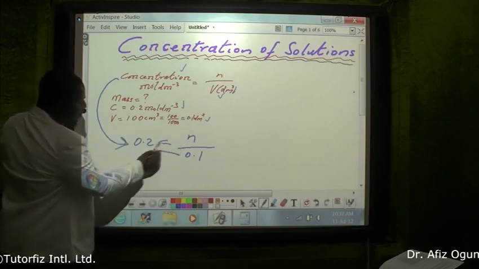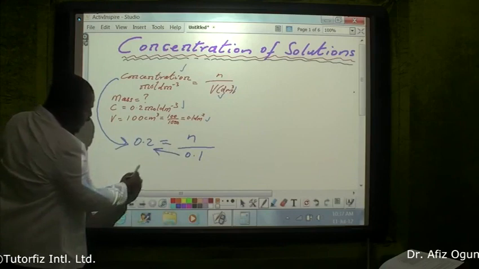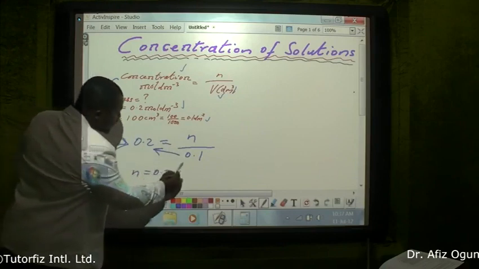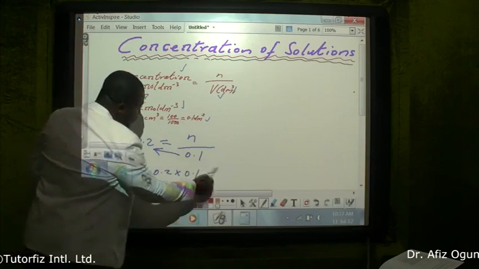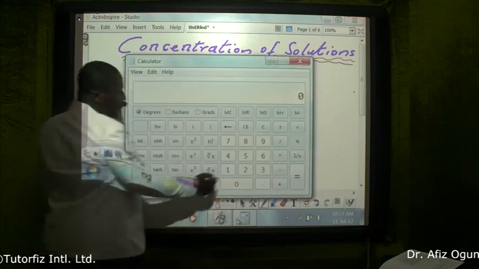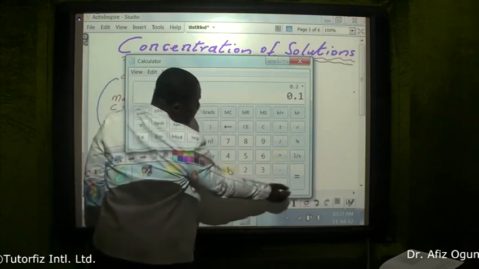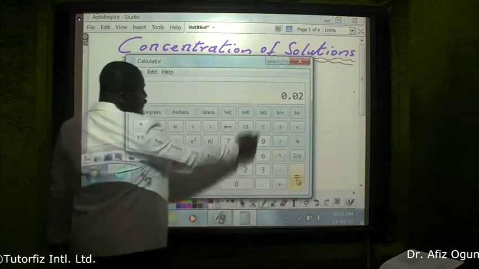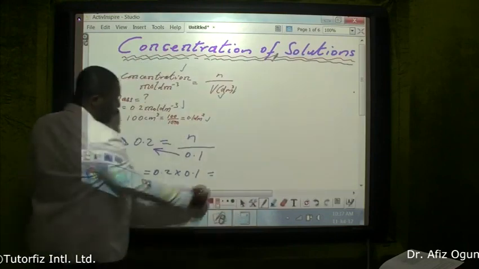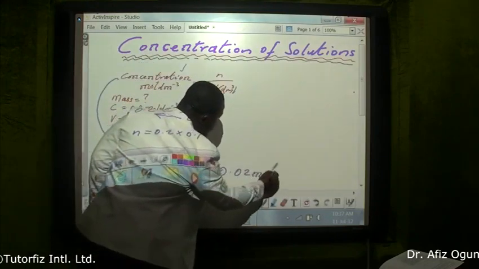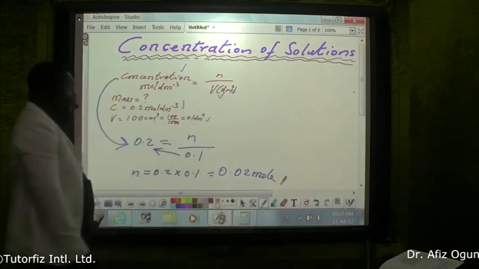So from here, cross multiply. So N equals 0.2 multiplied by 0.1, which equals 0.02 moles. This is the number of mole I have, 0.02 mole.